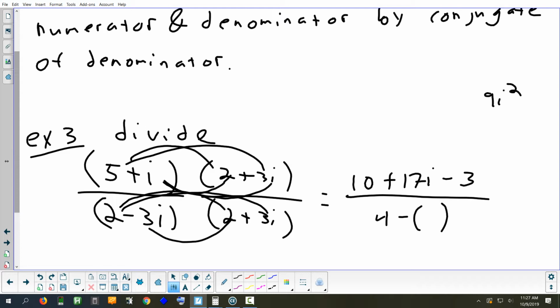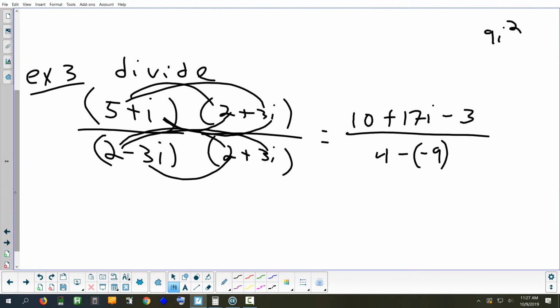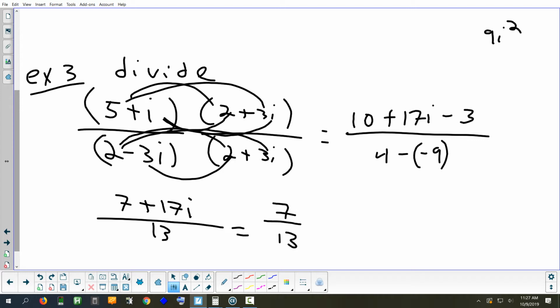Now, it's kind of a shortcut. If you take 2 and square it, what do you get? And if you take negative 3 and square it, what do you get? If you add those two numbers, it'll always give you what goes in the bottom. So if I wanted to FOIL 4 plus 5i and 4 minus 5i real quick, square the 4, square the 5, just the 5, 25, add 16 and 25, and that's what you're going to get when you FOIL.